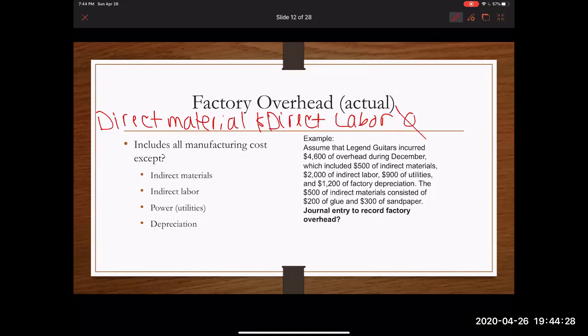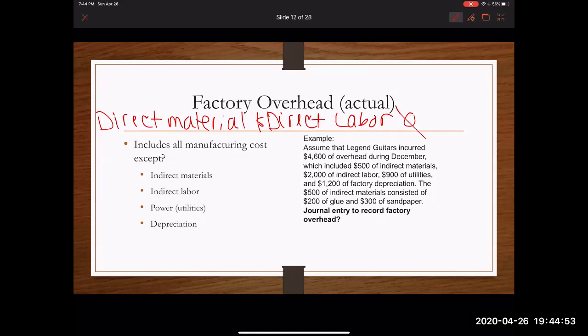All right, so let's take, for example, this one. It says, assume the Legend guitar incurred 4,600 of overhead during December. So they're giving you the overall total, and this is the breakdown of that 4,600, which included 500 of indirect materials, 2,000 of indirect labor, 900 of utilities, and $1,200 of factory depreciation.